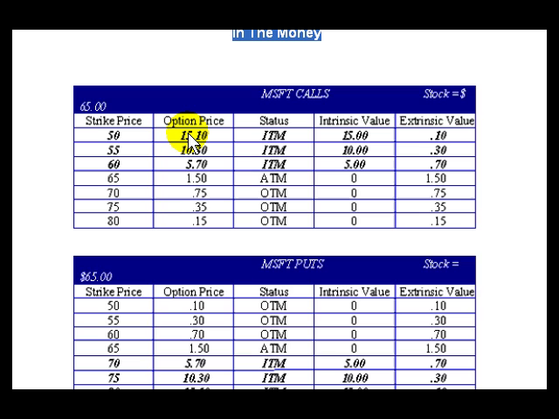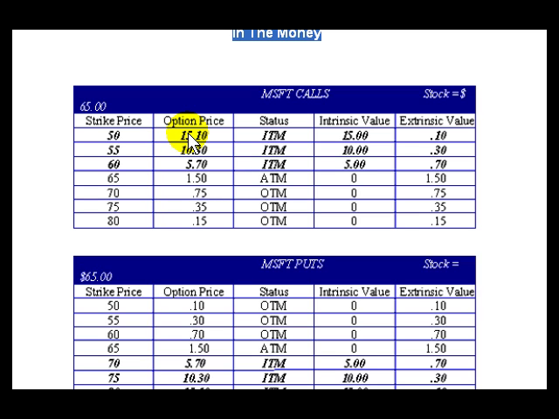The reason is that at any time prior to the expiration date you could exercise the option and profit from the difference in value. In this case, $65, which is the stock price, minus $60, the call option strike price, which equals $5 of intrinsic value. In other words, the option is $5 in the money.